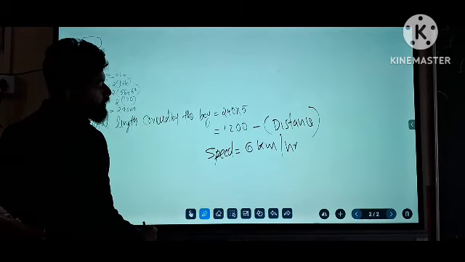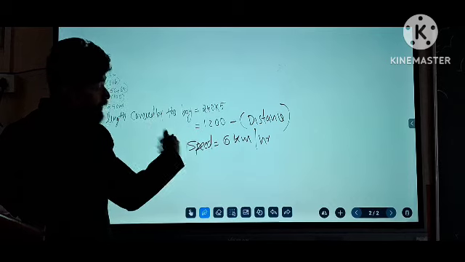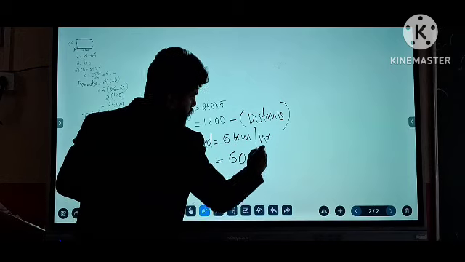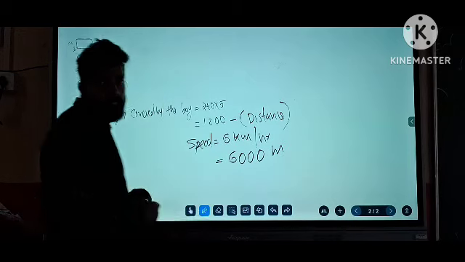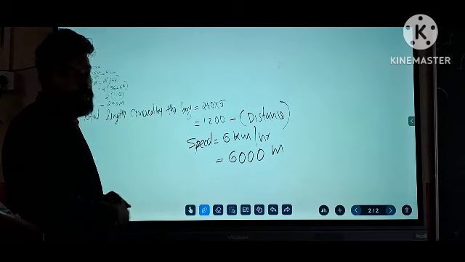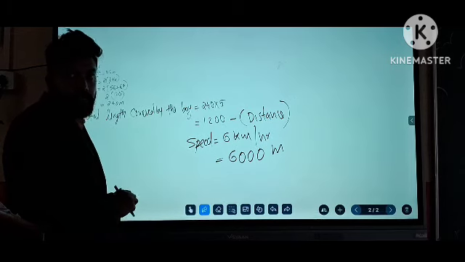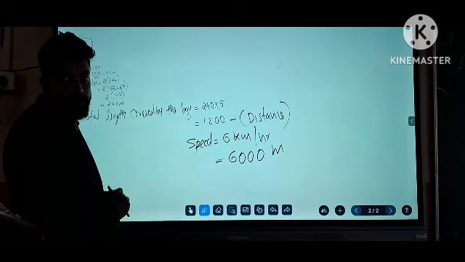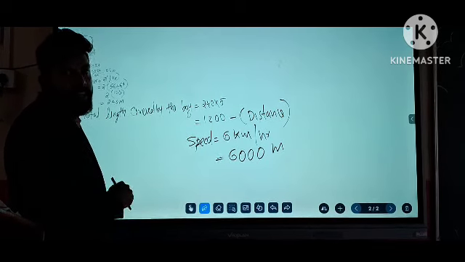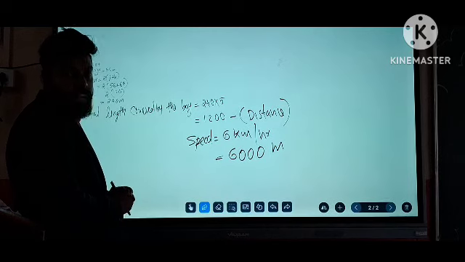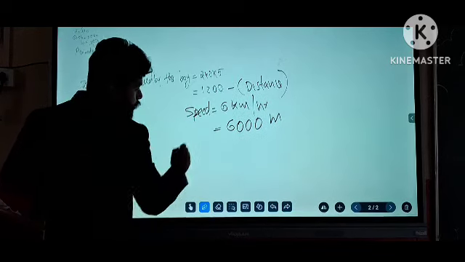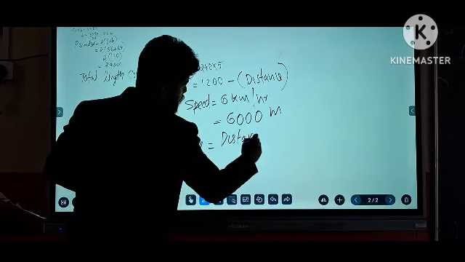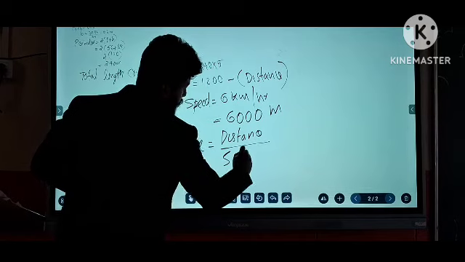So how can we convert this into meter? 6 km means 6000 meter. So here we have the distance and speed. When we have the distance and speed, we can calculate the time taken to cover the field by using the equation: time is equal to distance divided by speed.